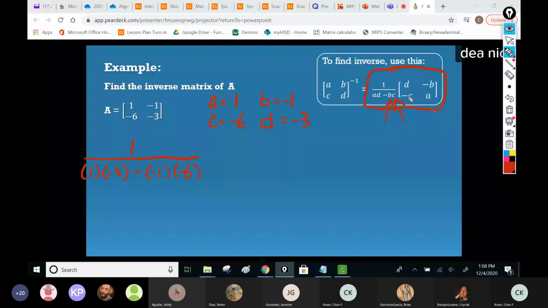And then after that, I need to put a matrix right here. But if you look at the matrix, the order is kind of scrambled, right? The order is no longer the same as before. So be very careful, the order changes. The new order is going to be D on the upper left, so that means I need a -3 right here.